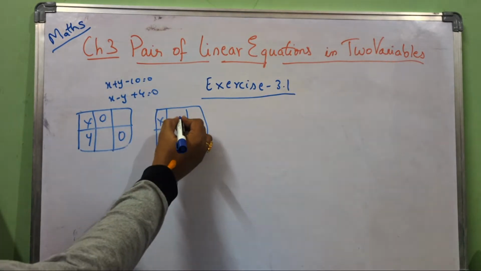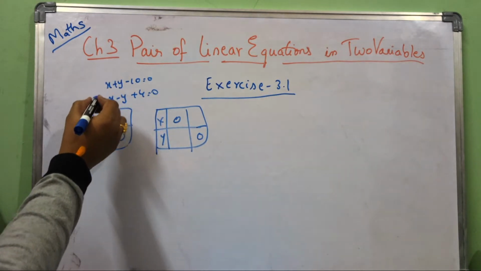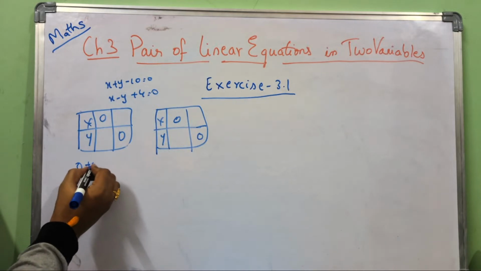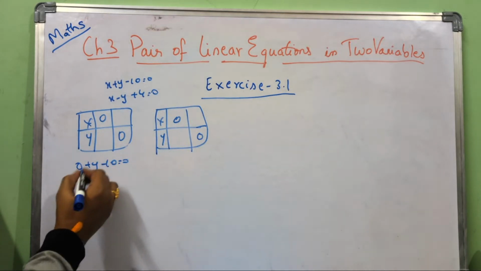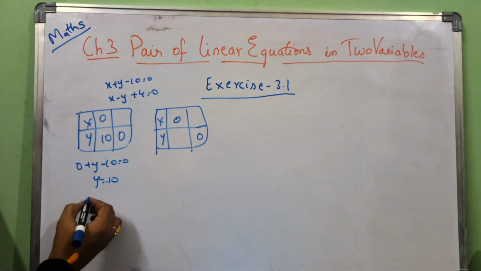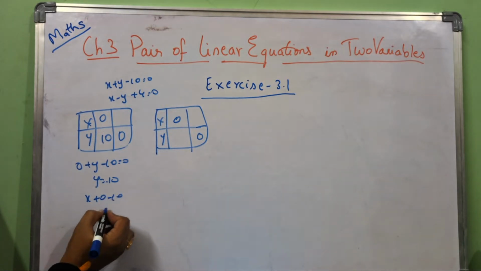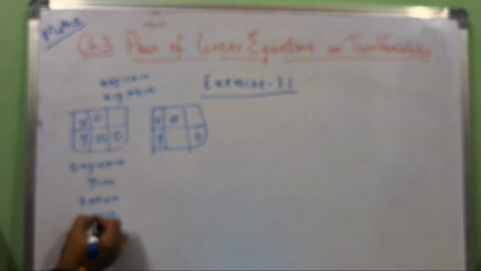If I keep x as 0 in the first equation, y minus 10 equal to 0, so y becomes 10. Same way, if I keep y as 0, x minus 10 equal to 0, then x becomes 10.